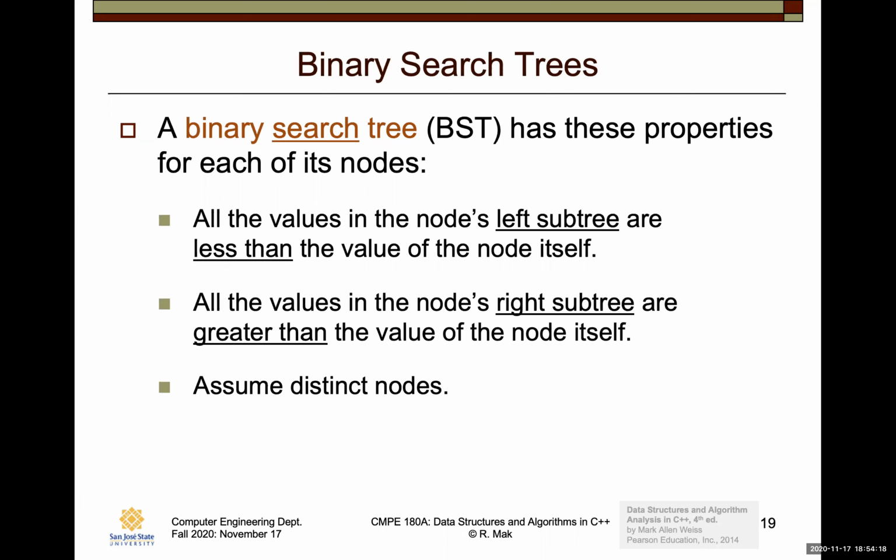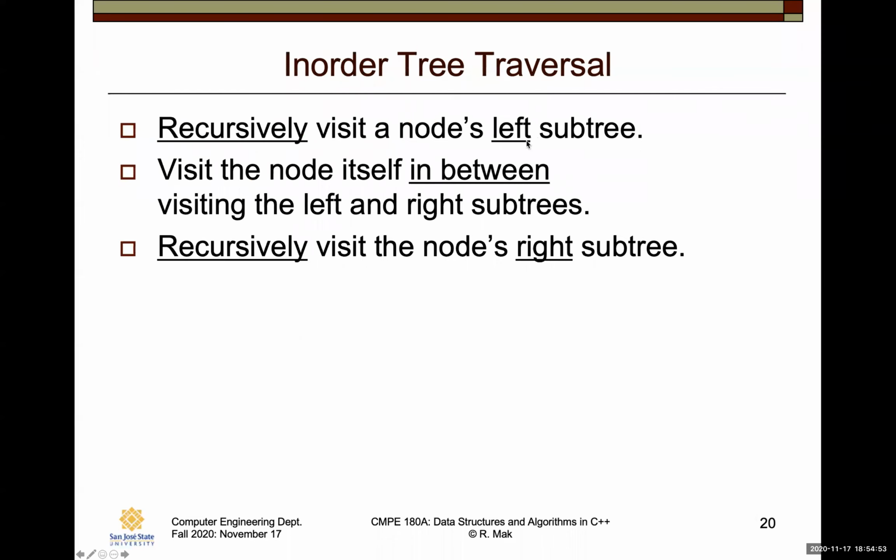And then all the values of the nodes on the right-hand side, in the right child, will be greater than. Now I suppose you can make one of them less than or equal to, or greater than or equal to. But if we assume that all the nodes are distinct in the tree, then it is strictly less than and strictly greater than. All right. So that is a binary search tree.